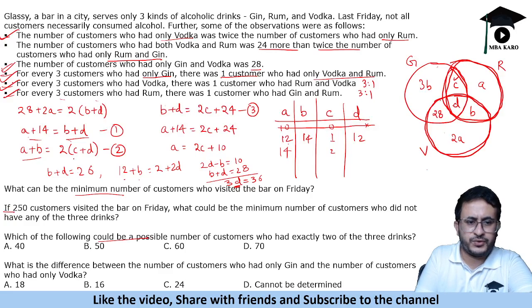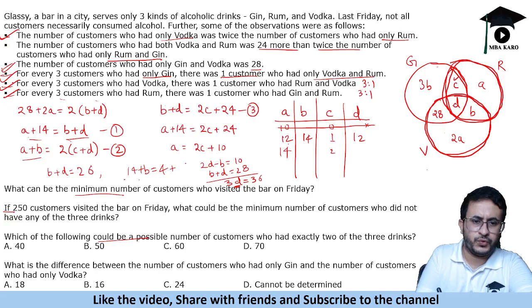And A plus B is twice of C plus D. We got this relation, A plus B is twice of C plus D. Okay, so we will get A plus B, that is 14 plus B, is equal to 2C, that is 4, plus 2D.